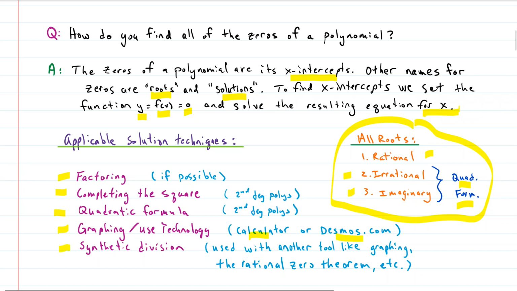You could also use synthetic division, and when we use it, we use it in conjunction with another tool like graphing or the rational zero theorem. We're going to use the rational zero theorem in our examples today. That'll help us find all of the rational ones, and then we'll use the quadratic formula to find the others if they exist.